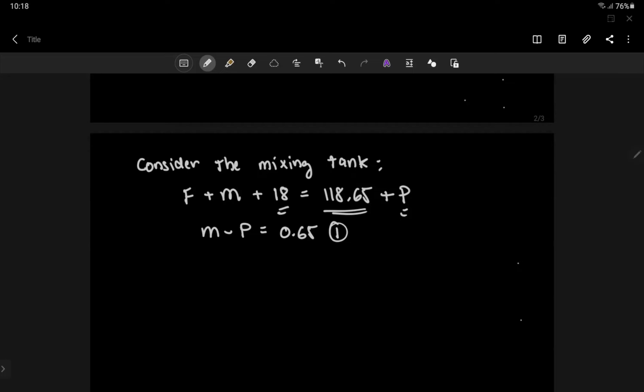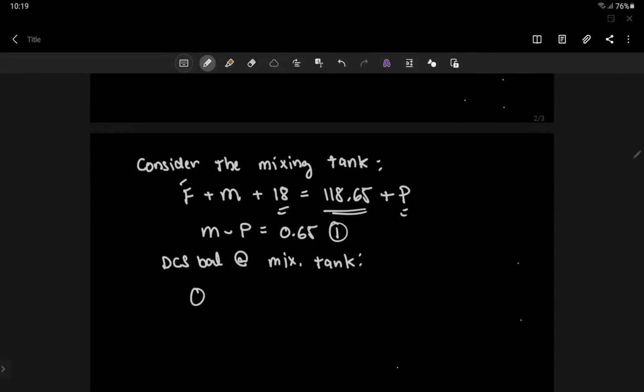Okay. Now, after doing the overall balance around the mixing tank, let's perform DCS balance around the mixing tank. So DCS in F, ilan yun? Tama, DCS in F, meron ba?